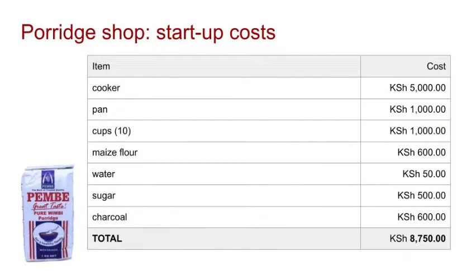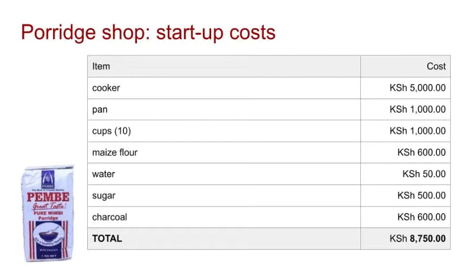So let's have a think about a business by way of an example, as an illustration. And this is an example that we've used before. So I want you to think about setting up a porridge shop, selling cups of porridge on the street. If we think about some of the costs associated with setting that up for the first time, there are things that we need to buy, like a cooker, a pan, some cups so that we can offer the porridge.